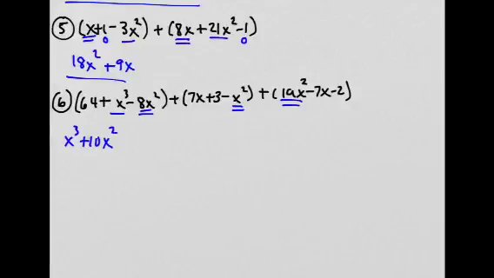Then we'll do the x's, and there is this one here and this one here, so they cancel out, 7x minus x, so that's gone. And so the only thing left are the constants, so 64, 3, and negative 2. So 3 minus 2 is 1. 1 plus 64 is 65.